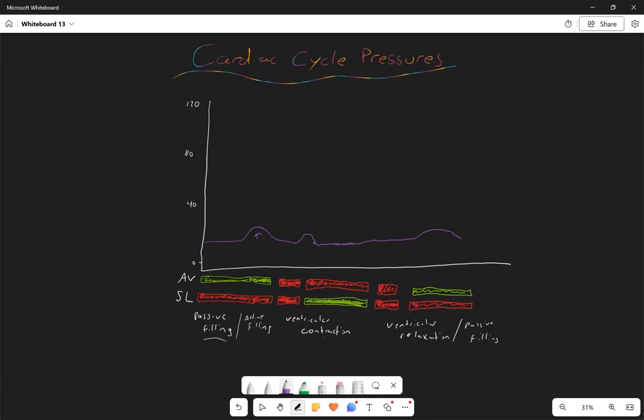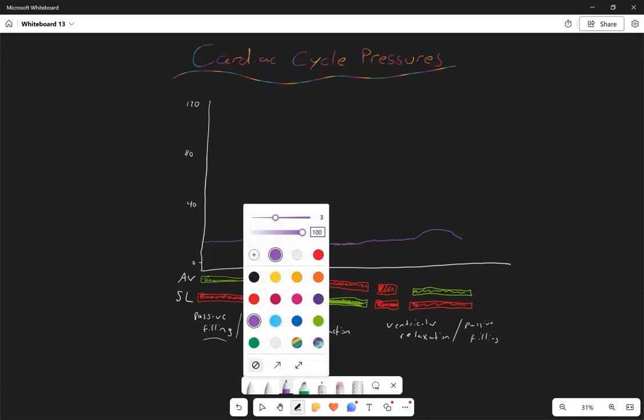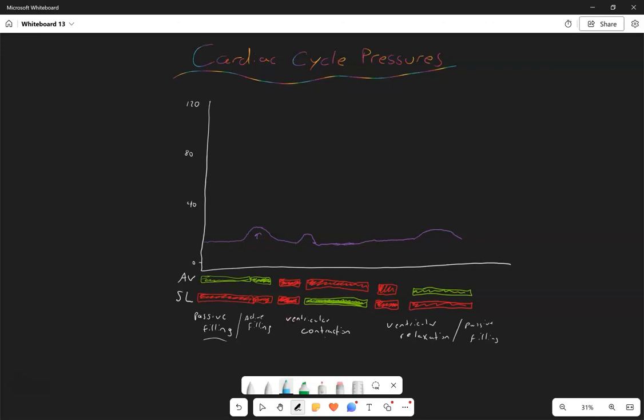Let's take a look at our ventricles. Let's do the ventricles in blue. As we come out this way, the ventricular pressure rises up a little bit as they start to fill with blood. But then they relax, the size of them expands, and so the pressure goes down.